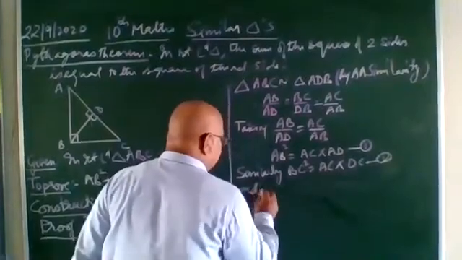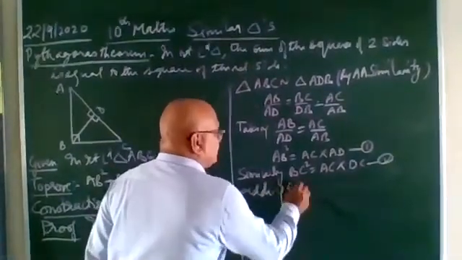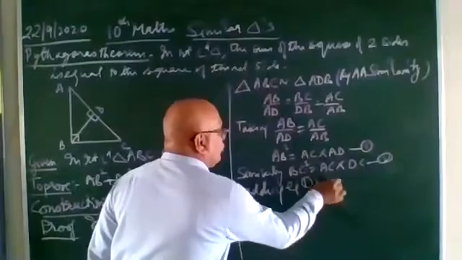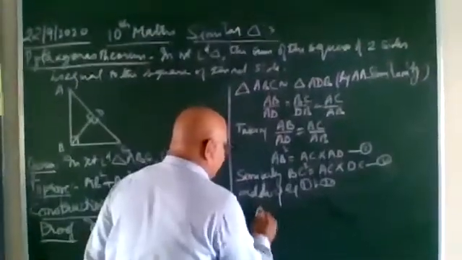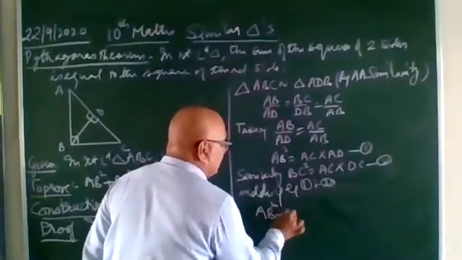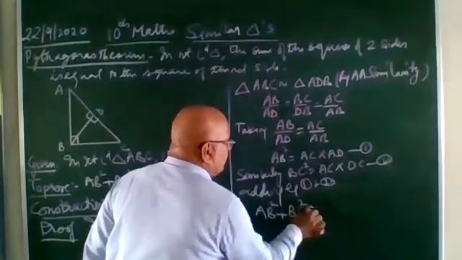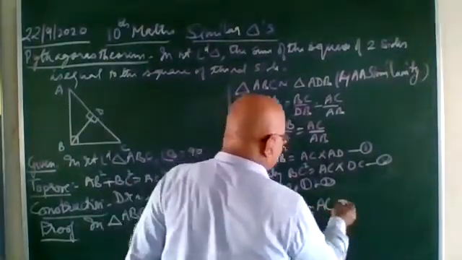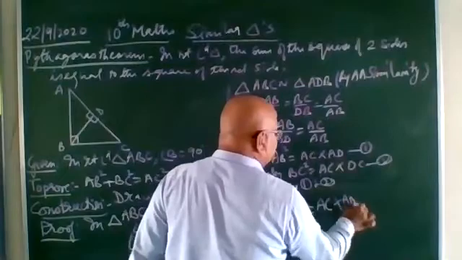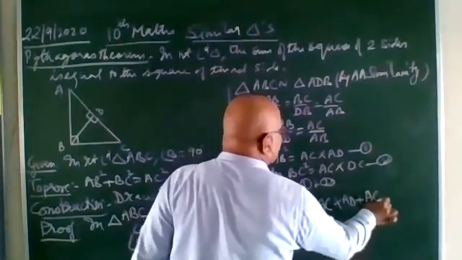Adding equation 1 and 2. So AB square plus BC square equal to AC into AD plus AC into DC.